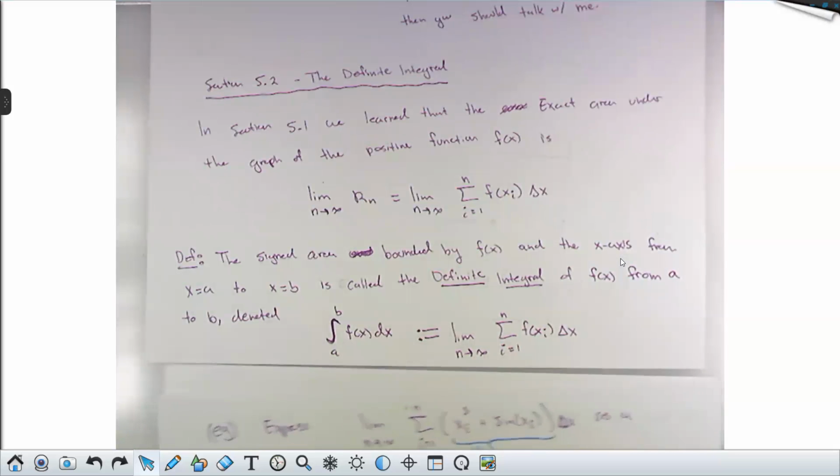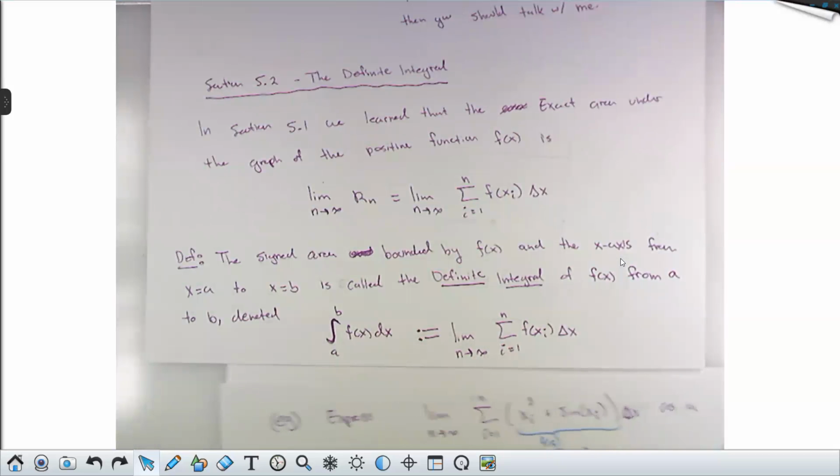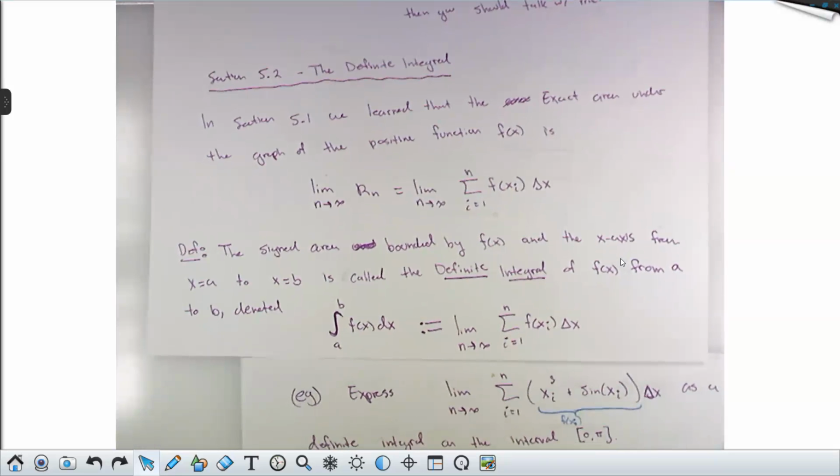Compare the pieces. I'll try to line them up here. Look at this. Limit n to infinity, sigma i from 1 to n. The next thing in here is f of xi, so this thing has to be f of xi. What is the function being applied to xi in here?